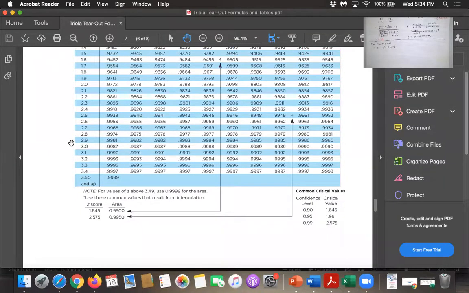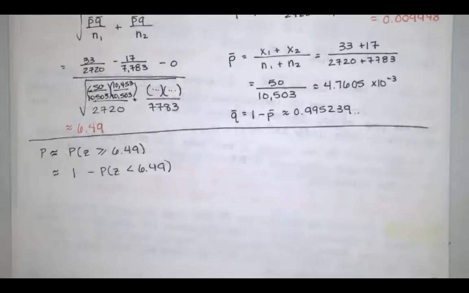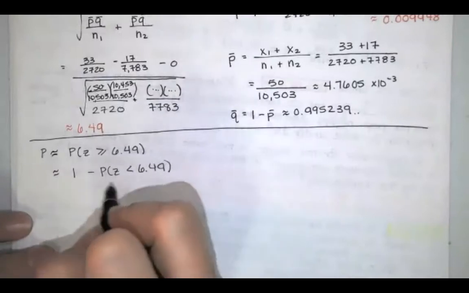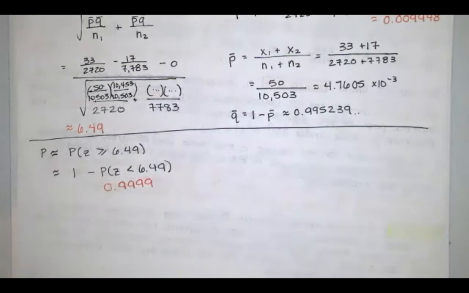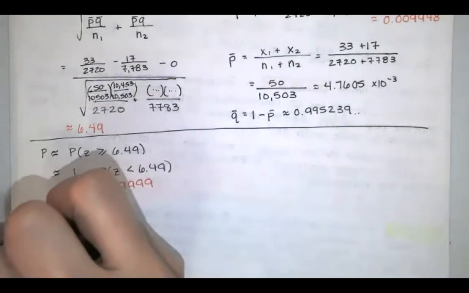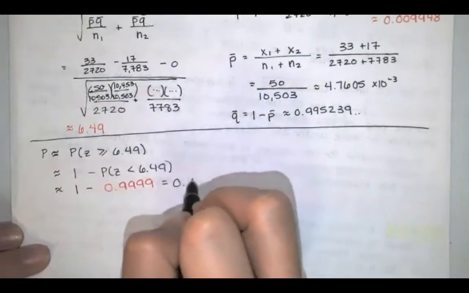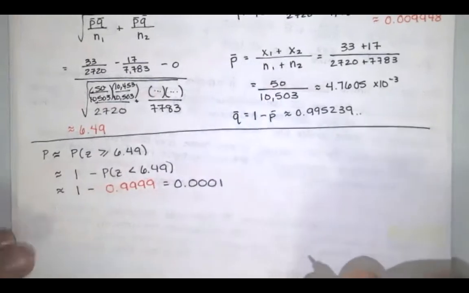So here are my positive z-scores. Notice that they only go up to this 3.5. So when I'm using table A2, I go to z equals 3.5 and up, and they're telling me that the area to the left can be approximated by 0.9999. So they're saying this is equal to 0.9999, and we're subtracting that from 1. So that's going to give us 0.0001 as our p-value.